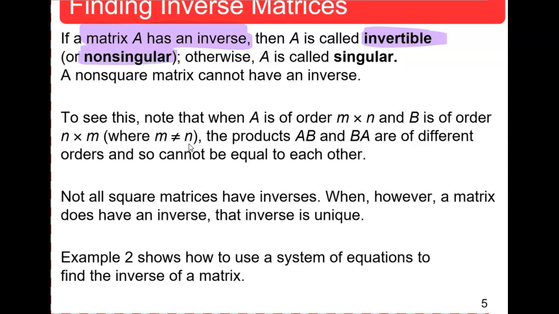So if the matrix does not have an inverse, we call it singular, because it's not invertible. So we refer to them as singular.